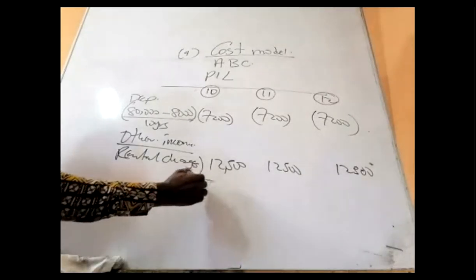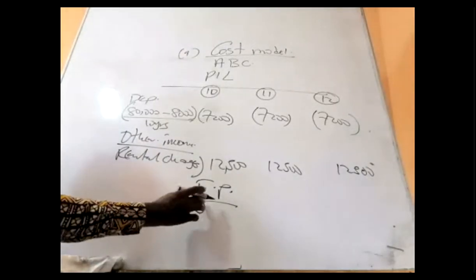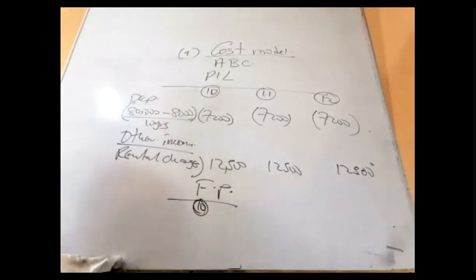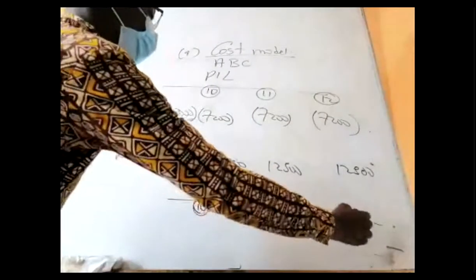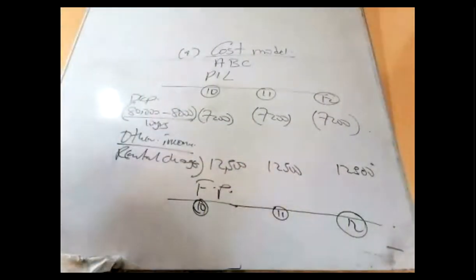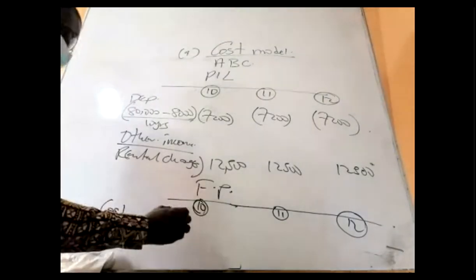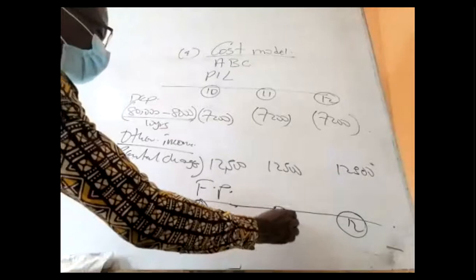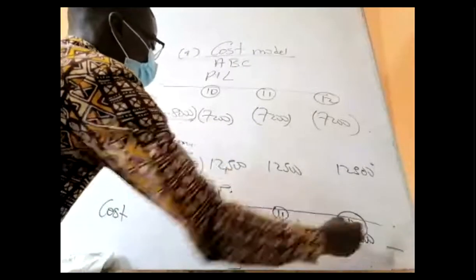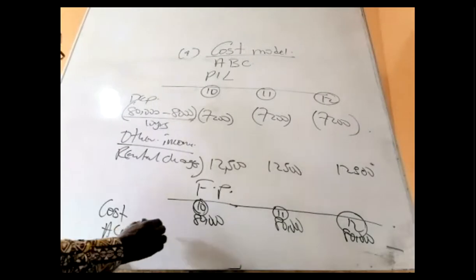Let's go to the financial position, the balance sheet. On the balance sheet, all you need to do is to look out for the carrying amount of the property. That's all. So let's see the cost of the property. The cost of the property will run through 80,000, 80,000, and 80,000. Then we go to the accumulated depreciation of the property.